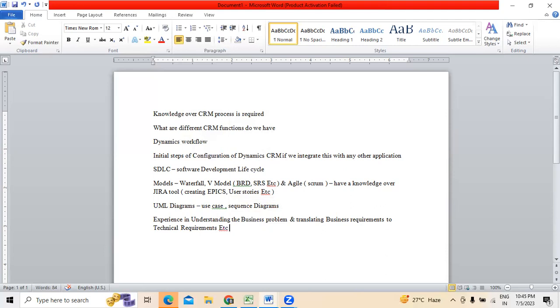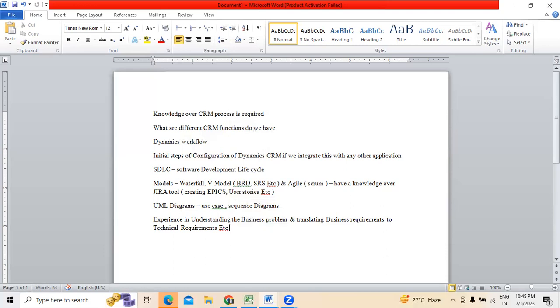So that knowledge is also required for a business analyst, like how to understand the business problem, right? So how to understand the business requirements, how to translate business requirements towards technical requirements. That sort of knowledge is also required.